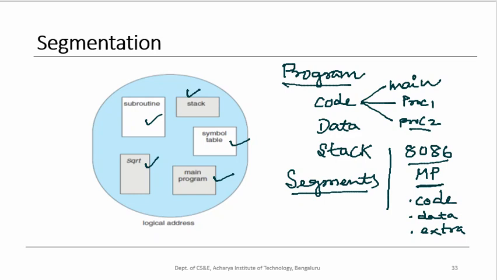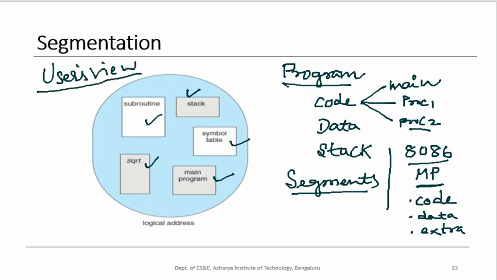Every program is divided into segments of different sizes, unlike paging where the program is divided into fixed sized parts called pages. So that is what is known as segments. This is the user's view here.